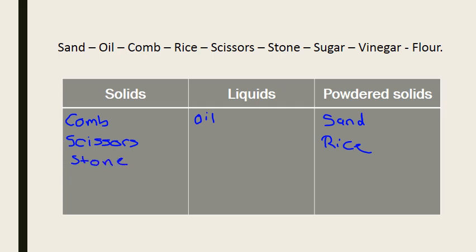Sugar is a kind of powdered solid. Vinegar is a liquid. While flour is a powdered solid. So you can see an example for each category.